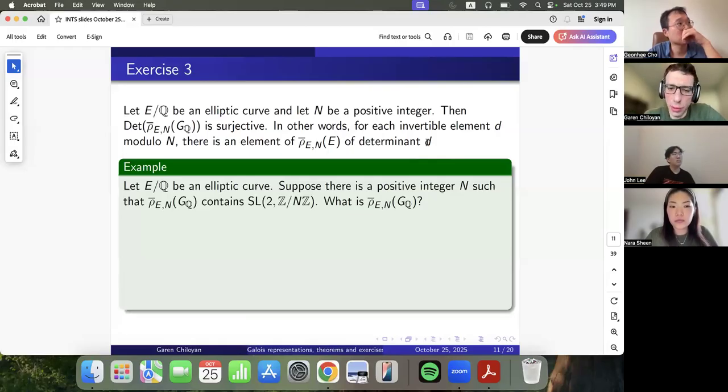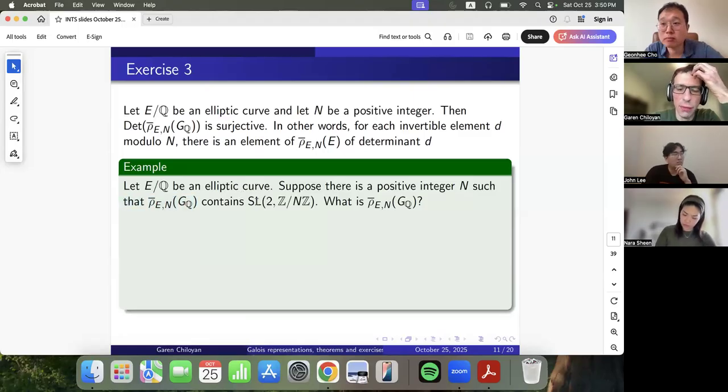What does this have to do with some question we can give you about elliptic curves? Well, let E be an elliptic curve defined over the rationals and n any positive integer. Suppose that the image of the mod n Galois representation contains every matrix of determinant 1. Can you tell me what the image of the mod n Galois representation is?